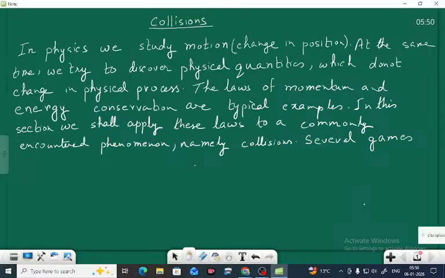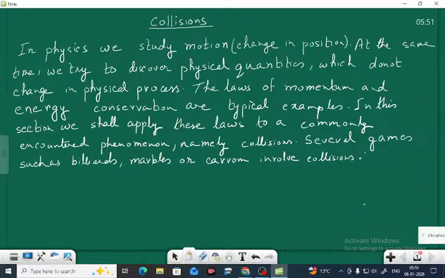Several games such as billiards, marbles or carom involve collisions.